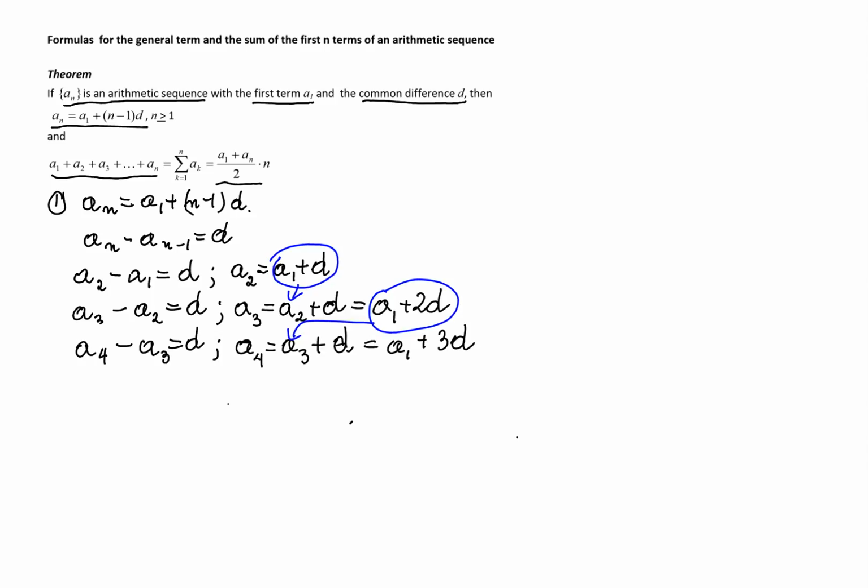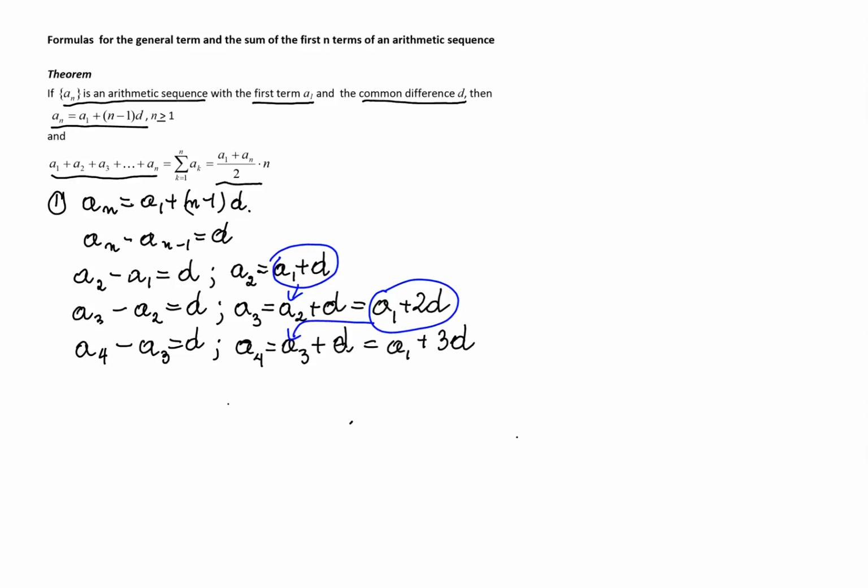And if you look at these formulas, you can notice that each of them, a sub 2, a sub 3, a sub 4, has a sub 1, and they all have a d. The only thing different in them is the coefficient of d. And if you look at this coefficient, it is always one less than the index of the term, and therefore we'll have the formula that is shown here.